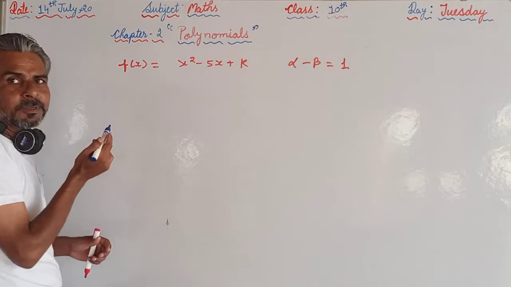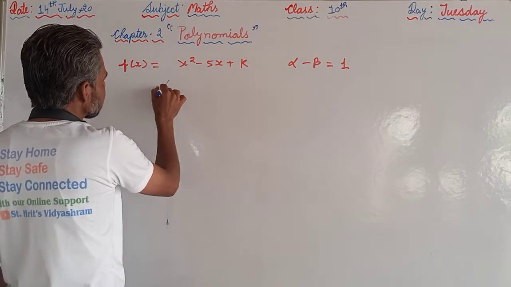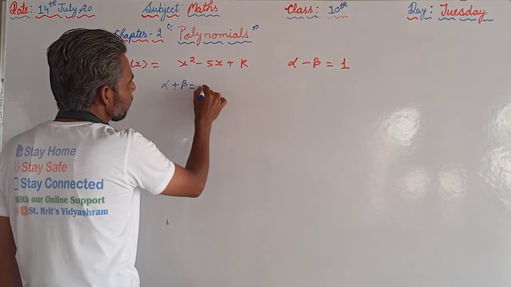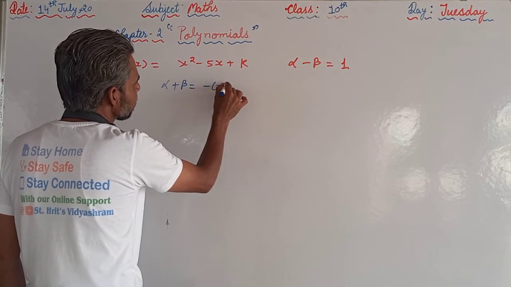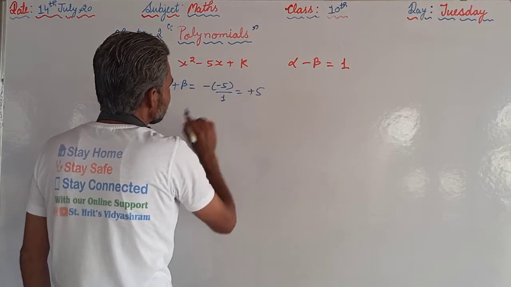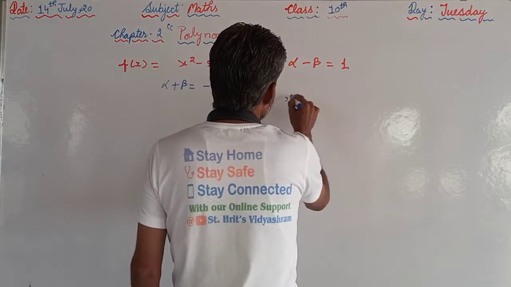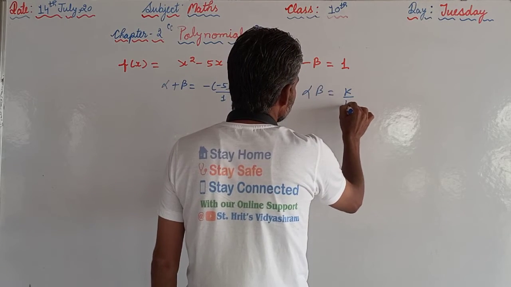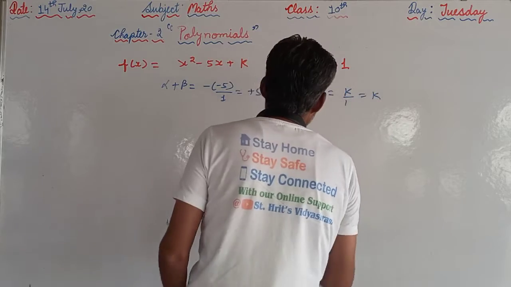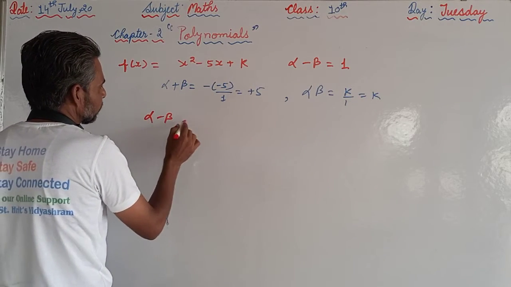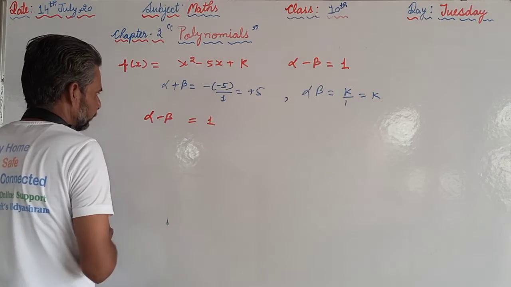So if alpha and beta are the roots of this polynomial, we can say that alpha plus beta is equals to minus b upon a, means minus of minus 5 upon 1, so it will be plus 5, and alpha beta is equals to c upon a, means k upon 1, that is k. So this is given, alpha minus beta equals to 1.